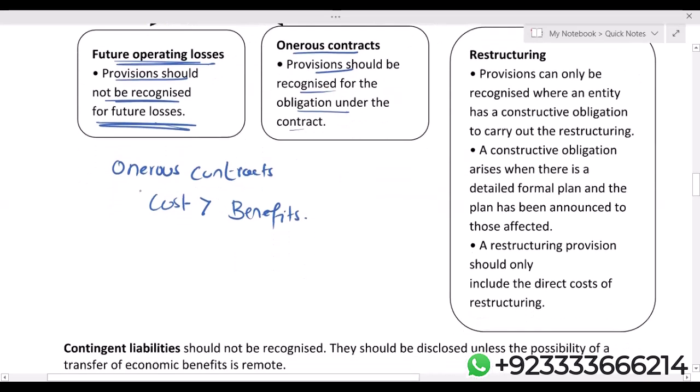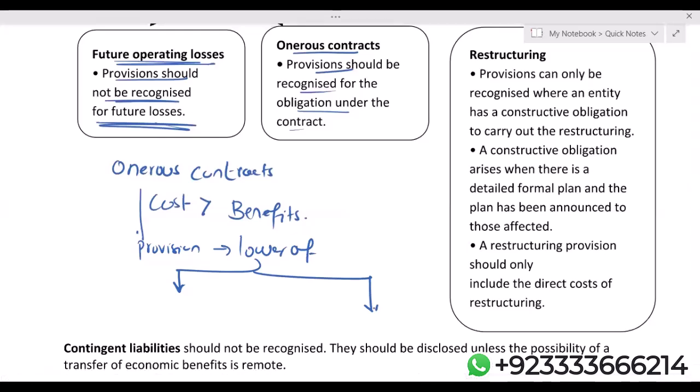That's an onerous contract. Now I need to recognize the provision.